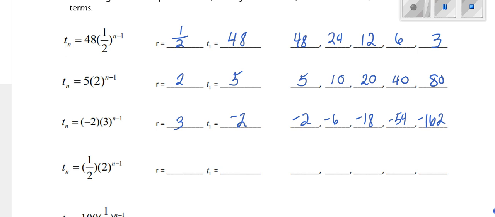Okay, my next, I can see my first term is 1/2. Common ratio is 2. So I'll have 2, 1, 0.5, 0.25, and 0.125.